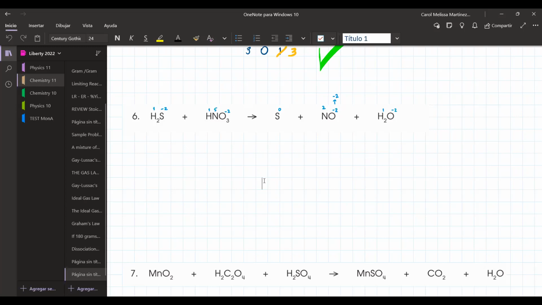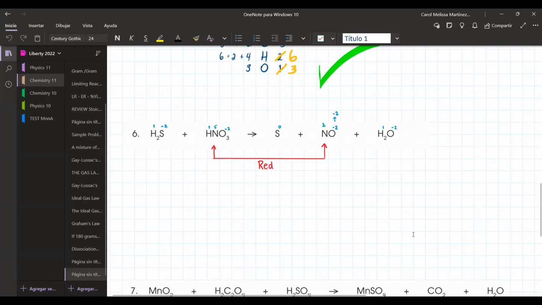So I say, this is reduction. Now, the other change in the oxidation state that I notice is in sulfur. Sulfur was -2, and after it was 0.